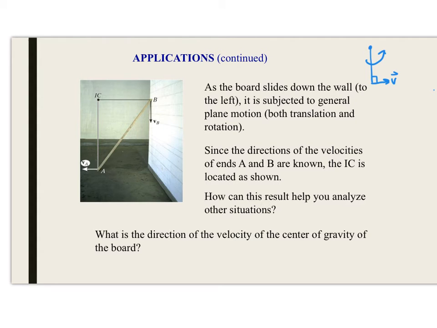And so using that, we know that the radius for each of these velocities has to be perpendicular to them, and if we trace them back, they intersect at a point, and that becomes the instantaneous center of zero velocity. And so we could actually figure out some information about how that board is falling given the fact that we know where that 0 point is.